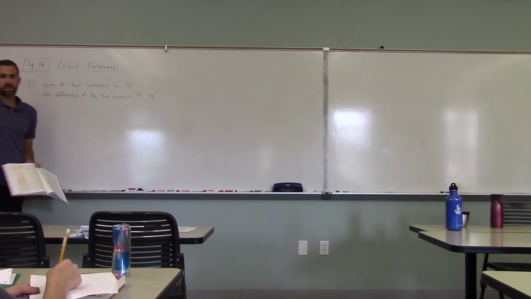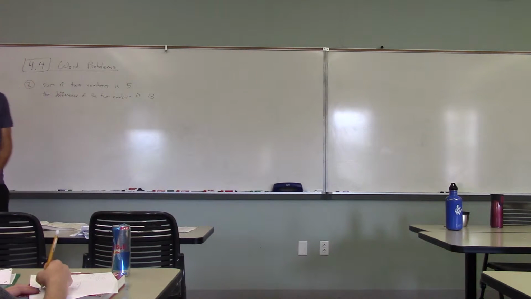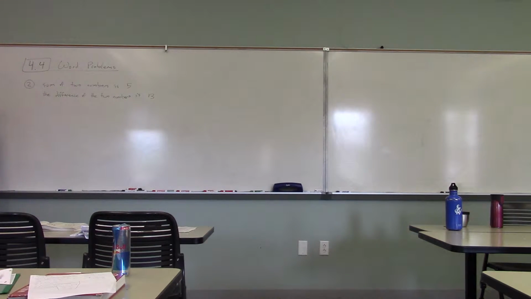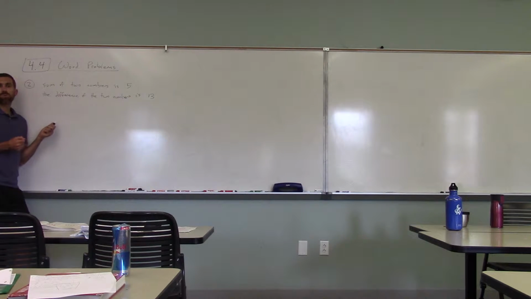Okay? So that's the question, and it says, find the two numbers. Our goal for this whole section is to turn this word problem into 2 equations with 2 variables.